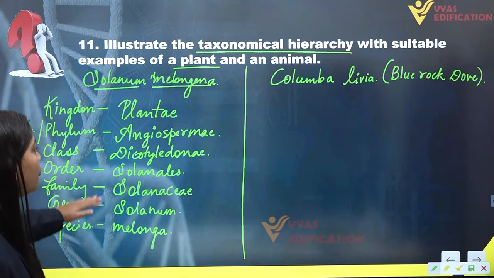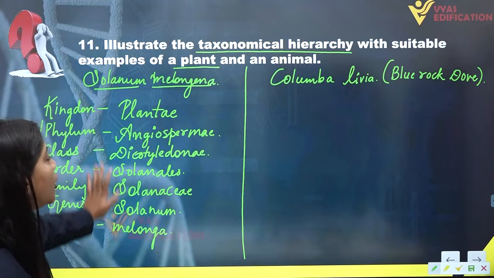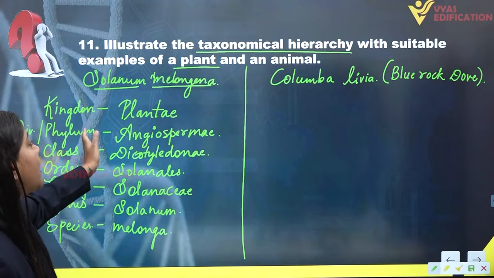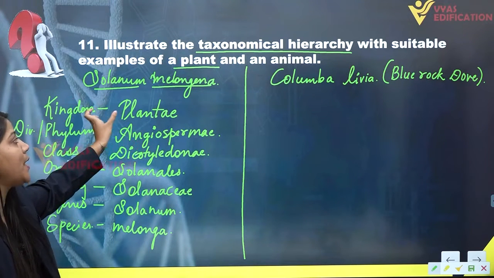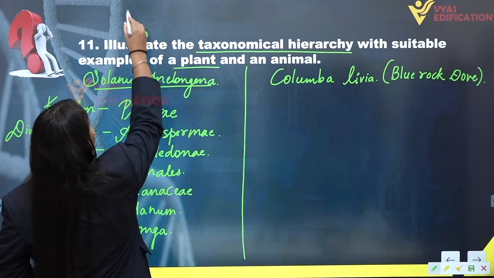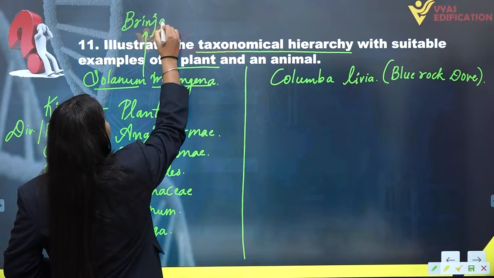So this is how we write the taxonomical hierarchy of a particular organism. In the case of plants, we took the example of Solanum melongena, which is the scientific name for brinjal.